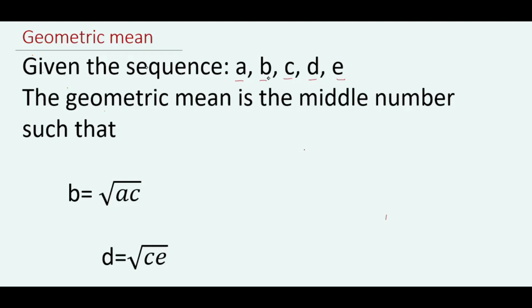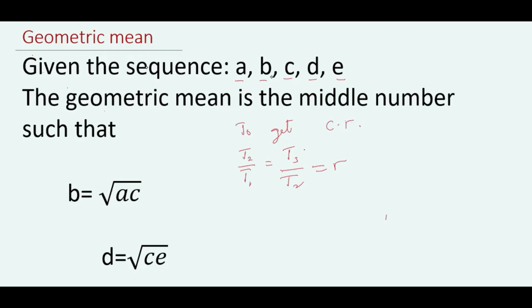So this is possible because, to get the common ratio, we can say that the common ratio is the second term divided by the first term, which is equal to the third term also divided by the second term. All this will give us the common ratio.